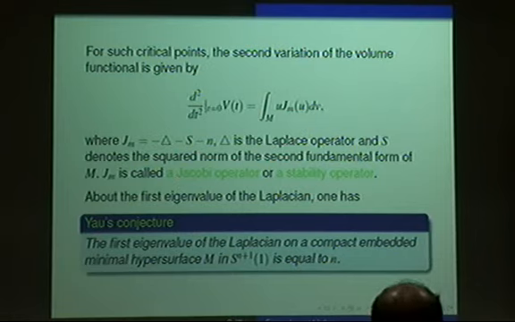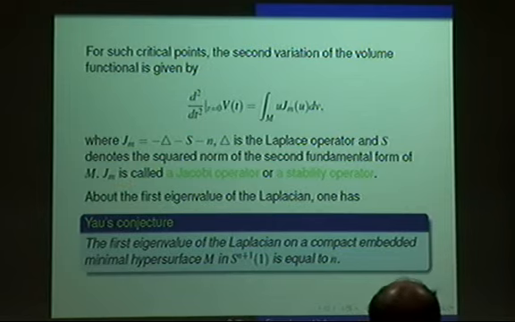Here n is the dimension of the hypersurface, Delta is the Laplacian, and S denotes the squared norm of the second fundamental form of M. Here J_M is called a Jacobi operator or stability operator, since this operator is related to the stability of the hypersurfaces.